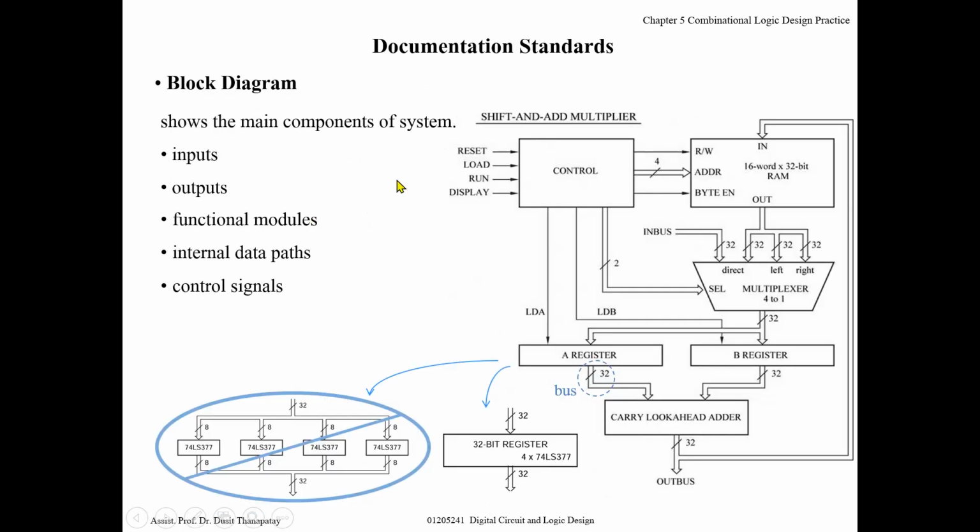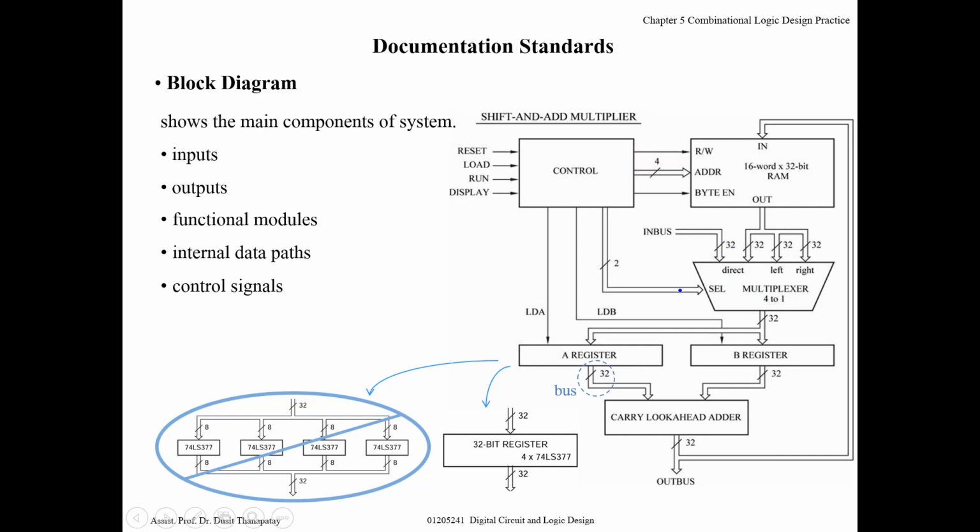Let's see the block diagram. For example, this one shows the inputs and outputs, and functional modules like the control module, register module, and so on. It shows the internal data path, to show the flow of data from this module to this module, and some control signals.